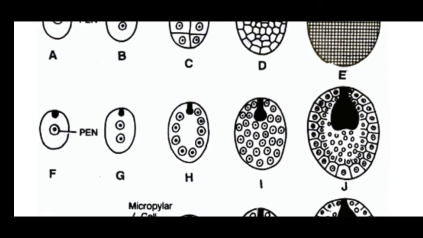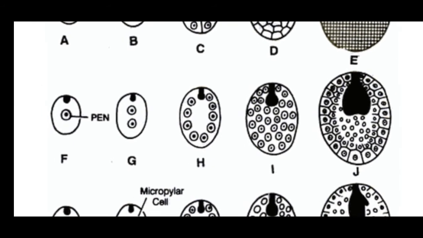The second type that you see here is where the PEN divides mitotically, meaning only the nucleus is dividing. This method is called free nuclear division, sometimes called free mitotic nuclear division, in which the nucleus keeps on dividing, making numerous copies of itself, but we don't find any formation of a cell plate or any division of the entire cell.